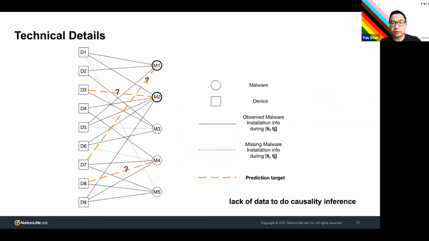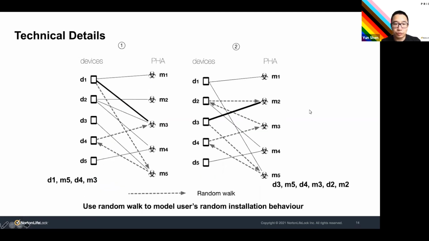Now, let us look at the prediction problem. Ideally, if we have data to do causality inference, that would be ideal. For example, if you install PHA-A and we have the causal inference that you will install PHA-B, that would be an ideal condition. But we don't have such data to do causality inference. To solve the problem, we use random walk to model users' random installation behavior.